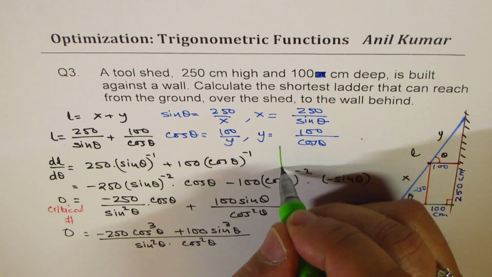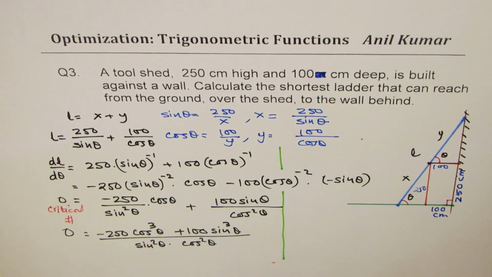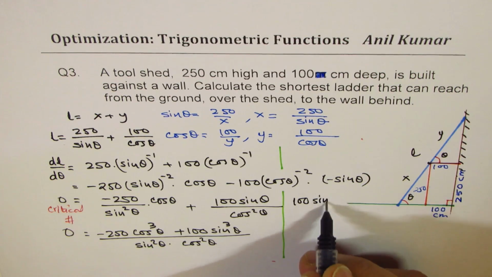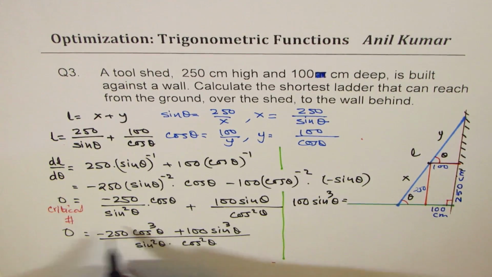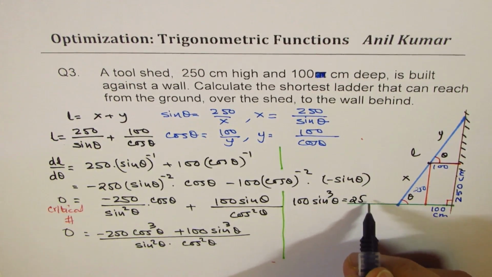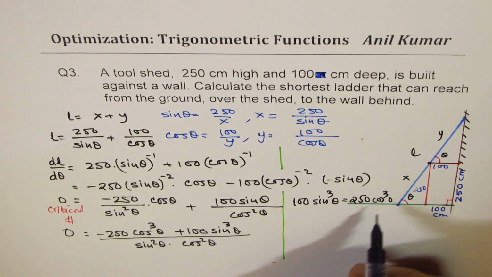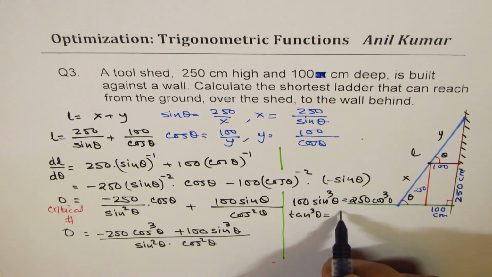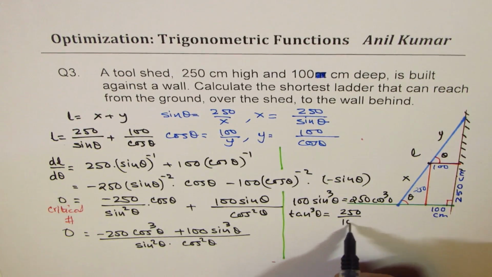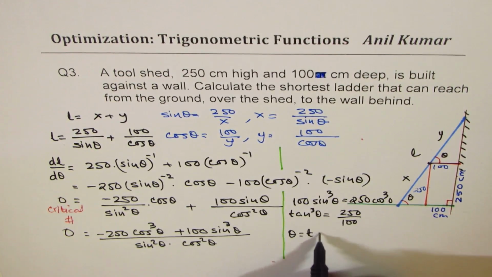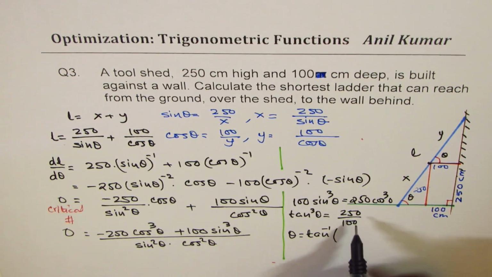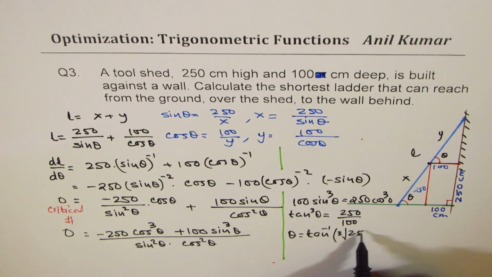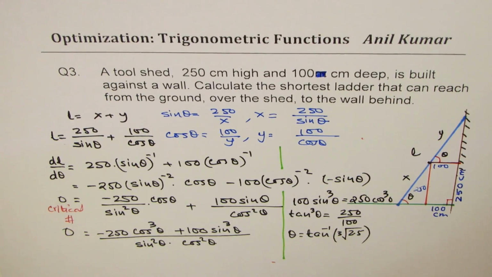So we make the numerator 0. That means 100 sine cube theta should be equal to, bringing it to the other side, 250 cos cube theta. Dividing, we get tan cube theta equals 250 over 100. So theta equals tan inverse of the cube root of 2.5. Is it okay? So that is the value of theta this time.